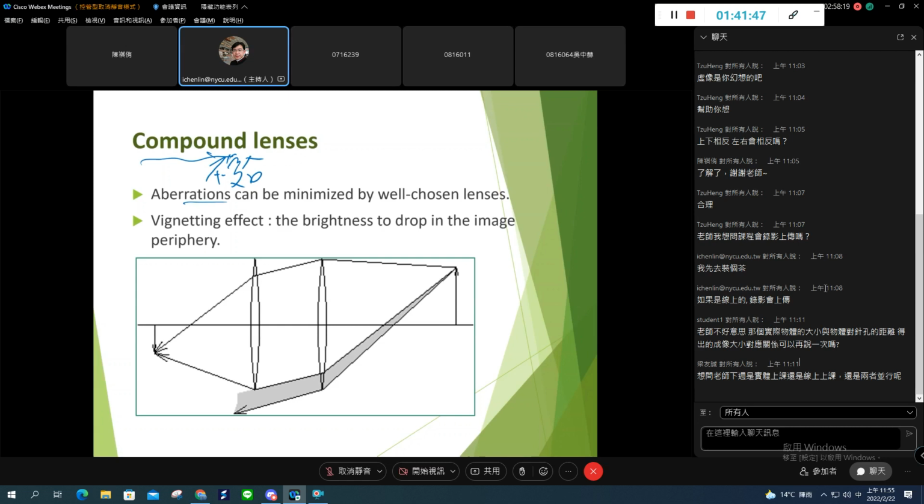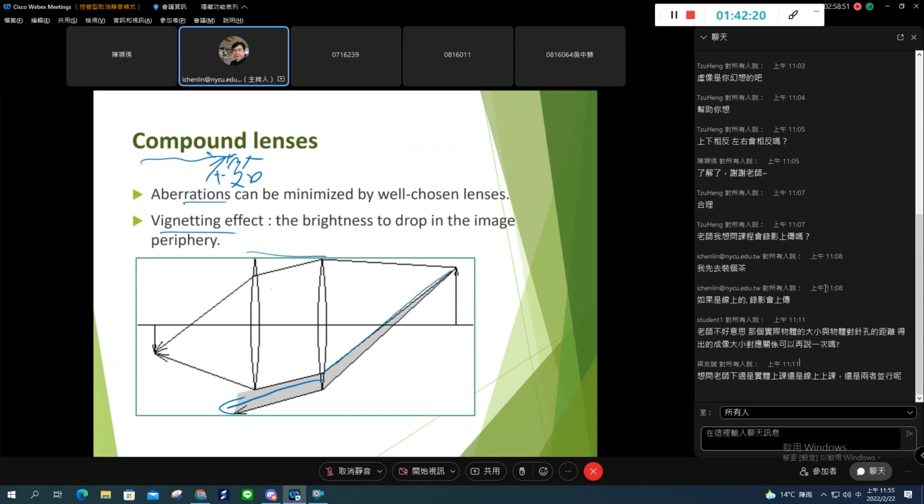However, for the compound lens, there is some problem. The problem is usually called the vignetting effect. I'm not sure whether my pronunciation is correct because it's from the French word. The vignetting effect means that because you use the compound lens, the original light passes through the first few lenses, and the ray will no longer pass through the other lenses.